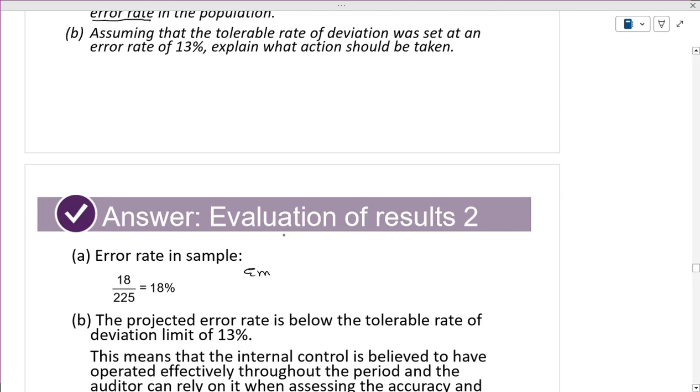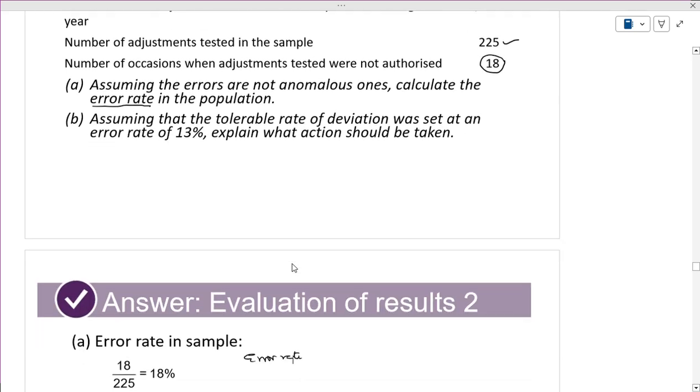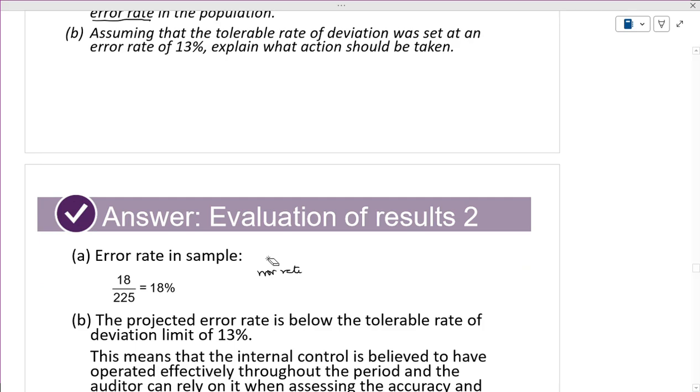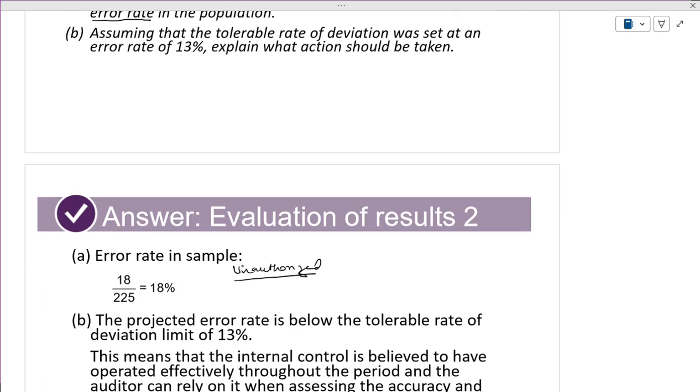Error rate is the number of occasions when adjustments tested were not authorized, 18, unauthorized divided by the sample tested. 18 divided by 225.